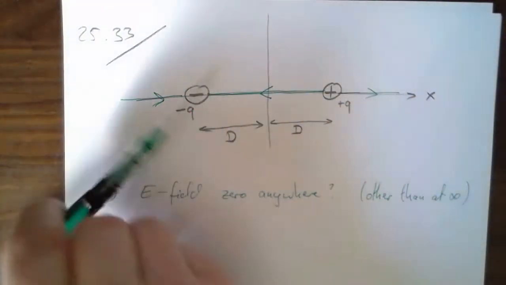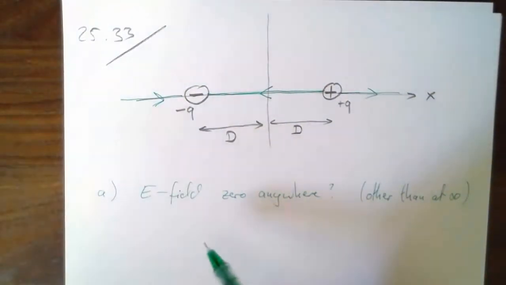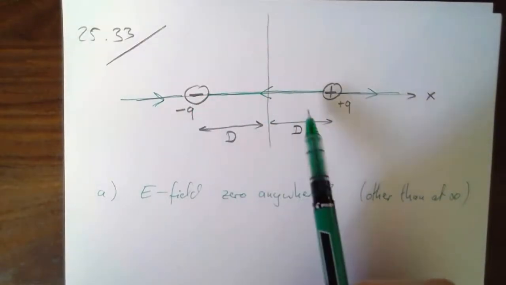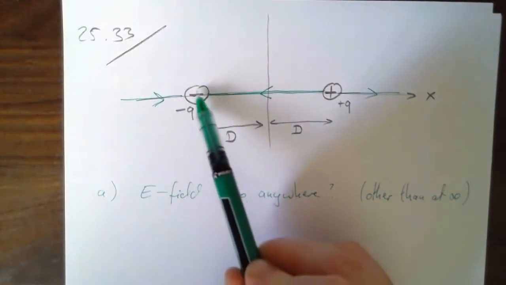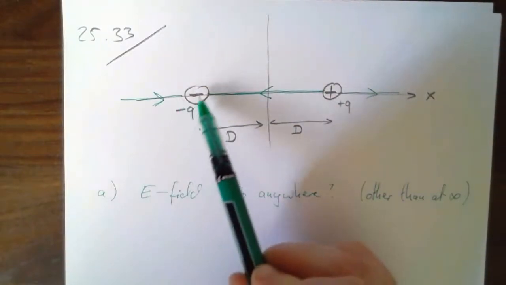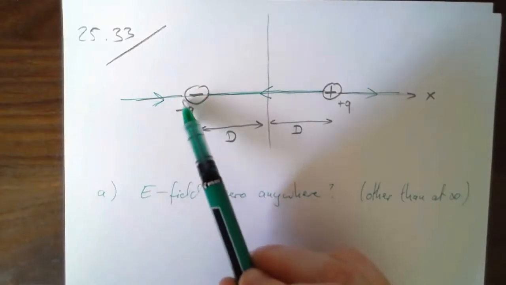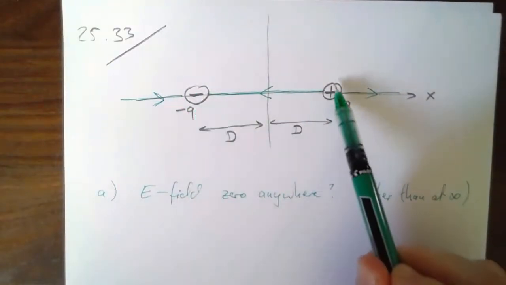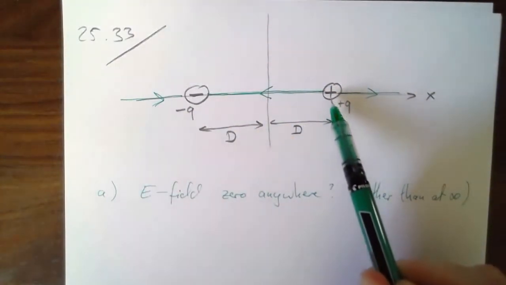This one, however, is going to create an electric field to the right, somewhere over here. Is there ever a place where the two cancel out? No, there is not. Because they're the same magnitude of charge, but if you're on this side, you're always closer to this one than to this one, which means this one's always going to win. So the electric field over here is always going to be to the right, because the contribution to the field due to this charge is always bigger than the contribution to the field over here due to this charge.